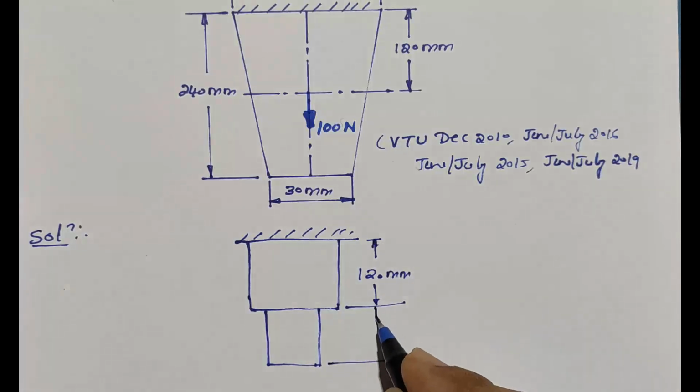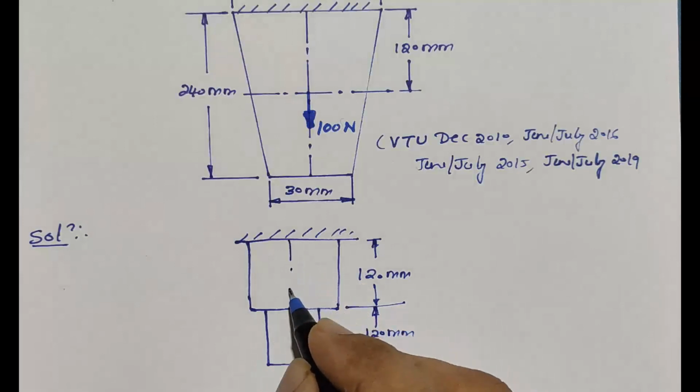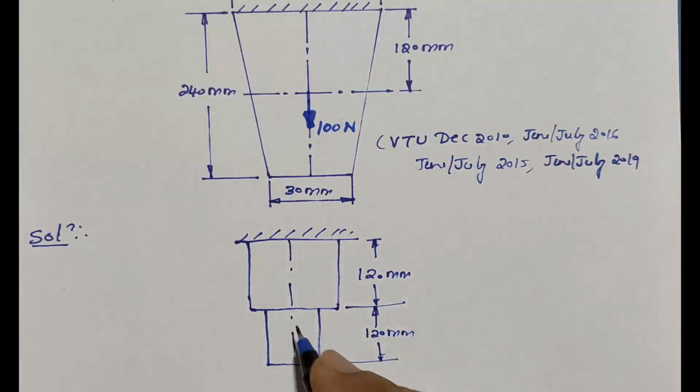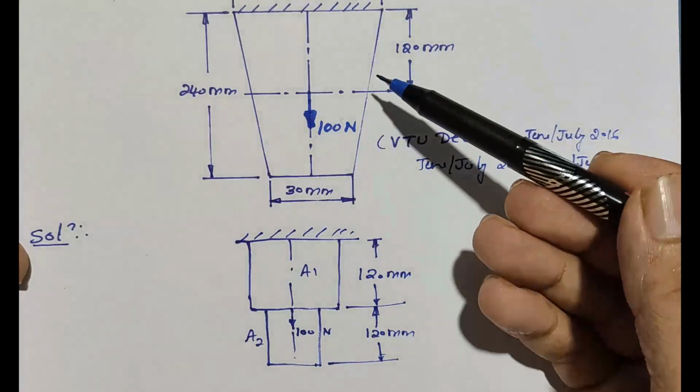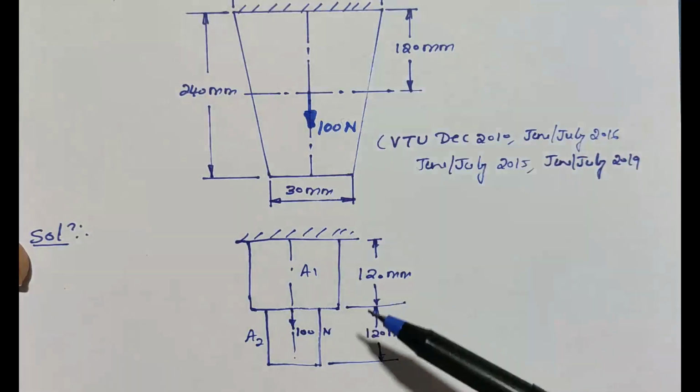Here also the length is 120 mm. Here it is subjected to point load of 100 Newton. I will take this as area 1, this as area 2. So we have converted uniformly tapering bar into stepped bar.